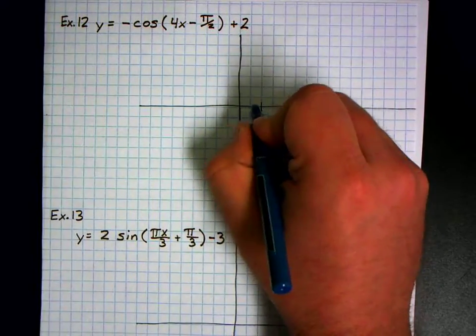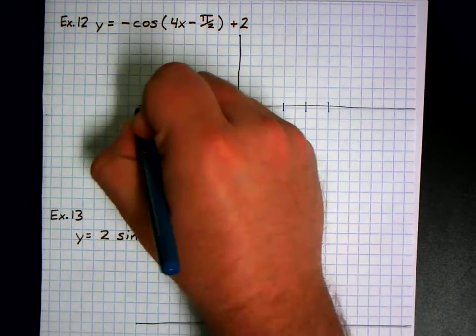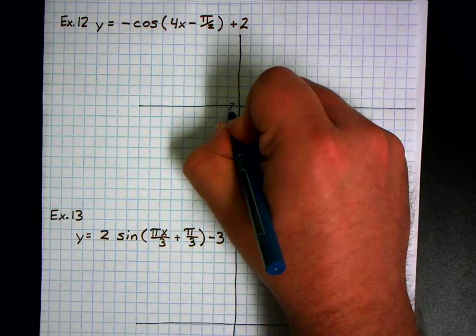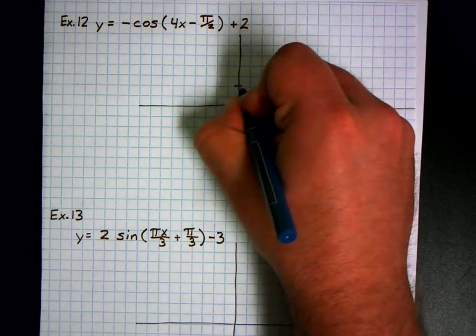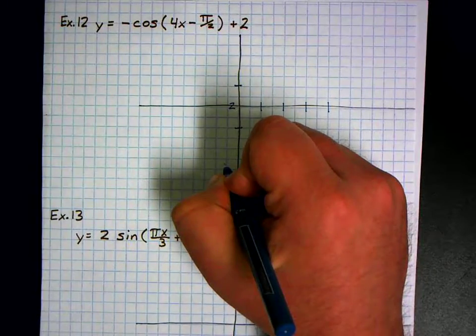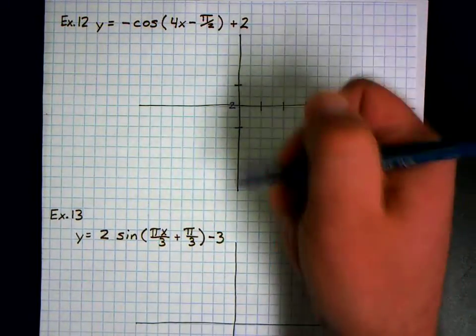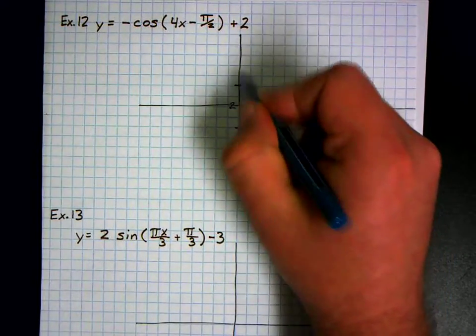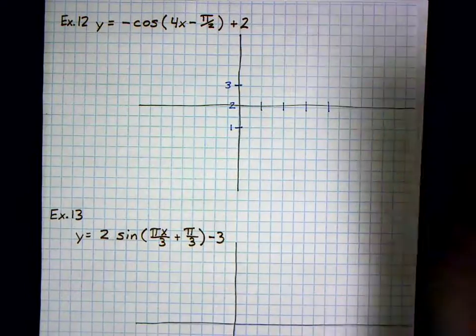Let's see, I know I'm going to shift it up 2, so I'm just going to go ahead and make this line right here 2. My amplitude is -1, so that means I'm just going to be counting by 1 still. So this can still be 1 and 3. That's fine.